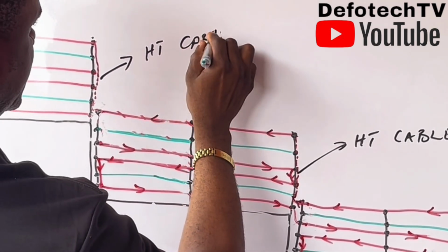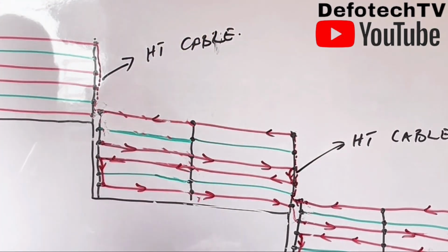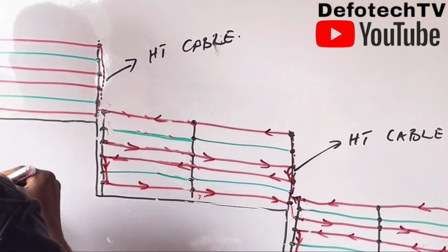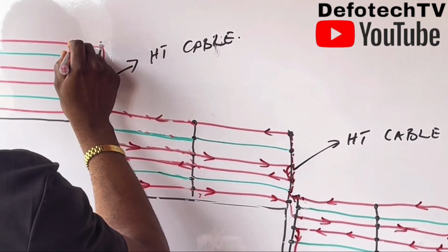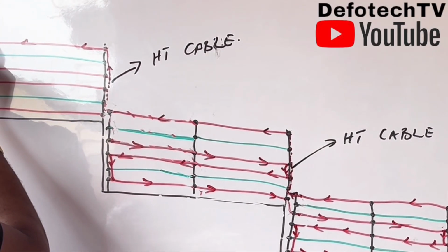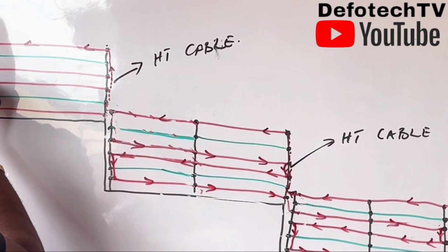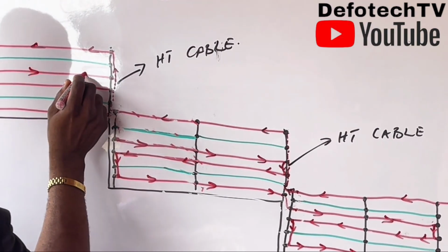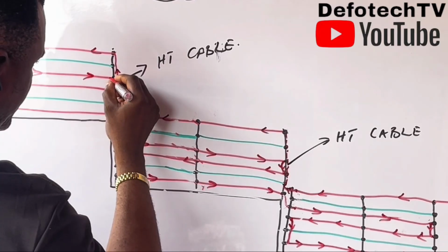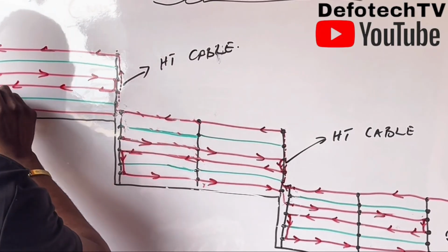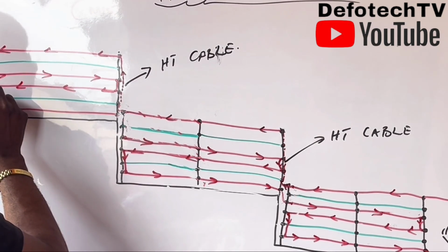HT cable, this. Take this one to the top. Gets here, moves all the way here. When this gets here, take it to the next live. Moves all the way. It gets here, moves to the next live. Gets here.